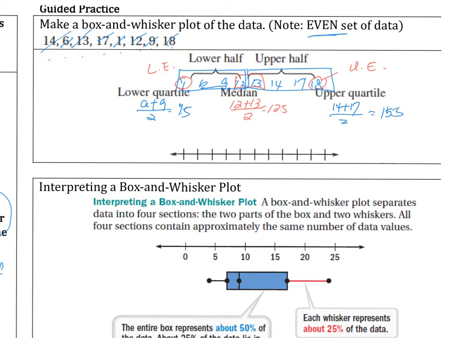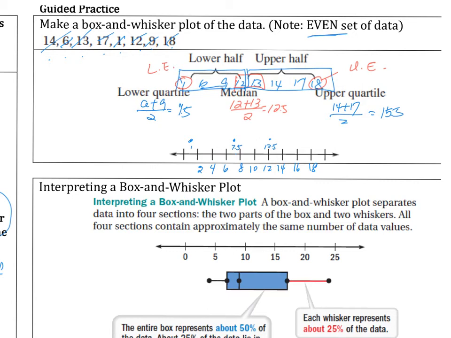Now let's plot our picture here. So I'm just going to use intervals of 2, 4, 6, 8, 10, 12, 14, 16, 18. That should cover everything. And the lower extreme will be 1. So I'm going to put a little dot here. And then my lower quartile is 7.5. Should be around here. My median is 12.5.